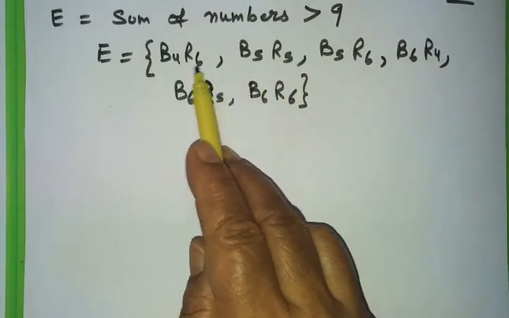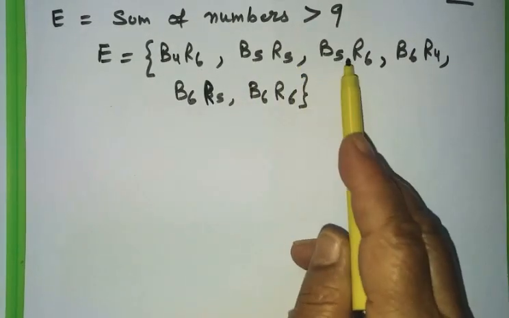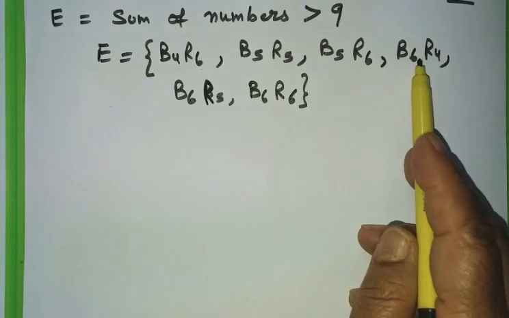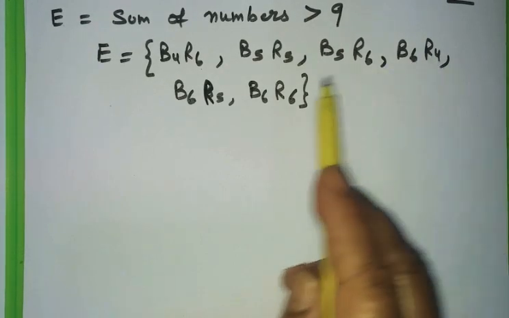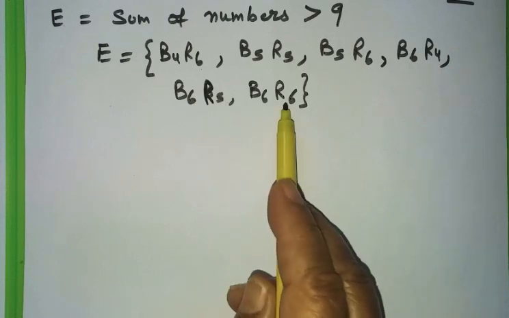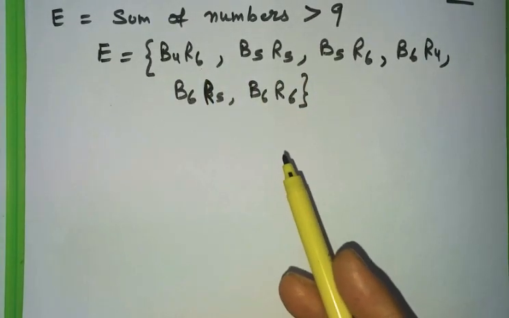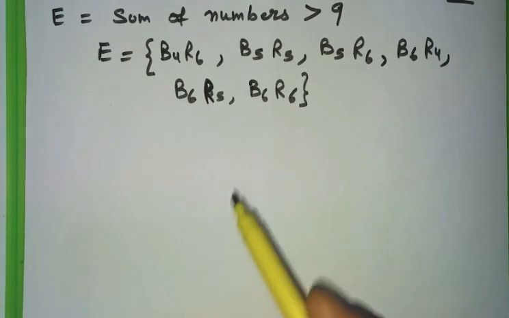In the line of 4 there is only one element, in the line of 5 there are 2 elements: 5 5 is 10, more than 9, and 5 6. In the line of 6, 6 4 is 10, more than 9, 6 5 is 11 and 6 6 is 12. So you can see all the sums which are more than 9, we have taken them from the sample space.